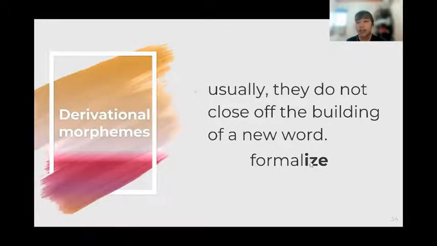When we added IZE, formalize, it became a verb. That's why it's derivational, because it was an adjective, and when we attached this morpheme, it became a verb. So IZE is a derivational morpheme because it changed the part of speech of this base word.